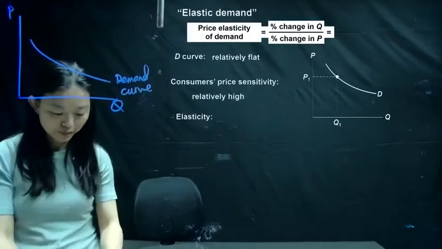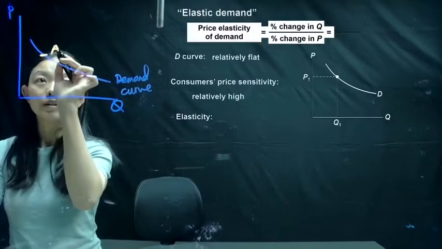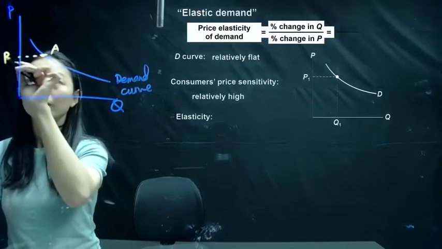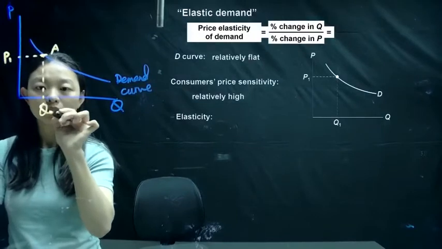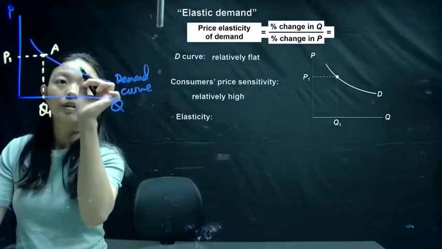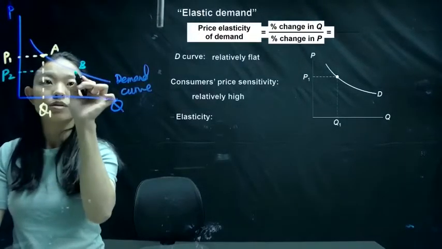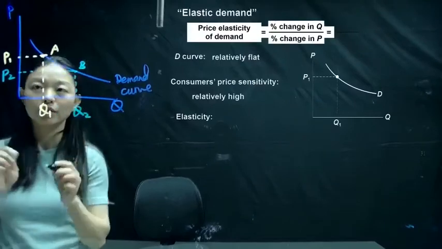And we also have 2 points from this demand curve. Point A, P1, Q1. Now we have another point, okay? Point B, we have P2, Q2, okay?